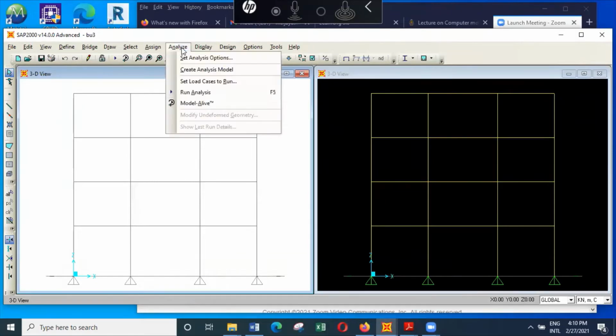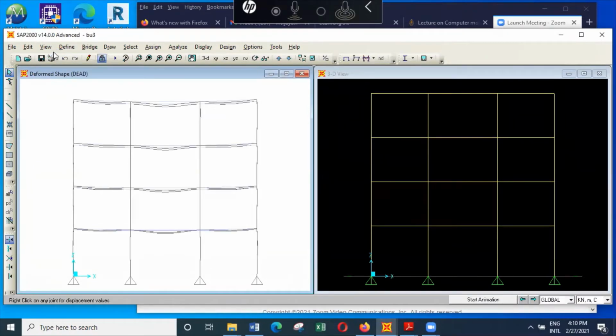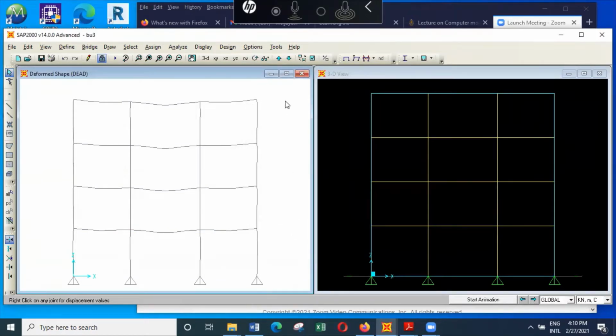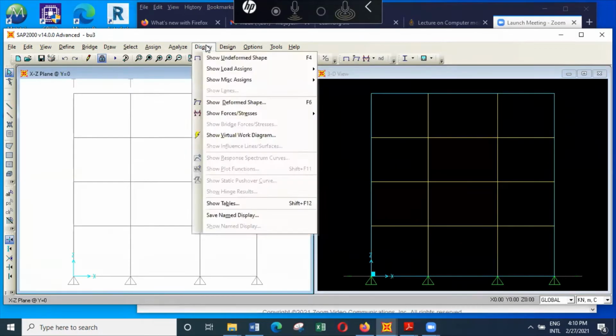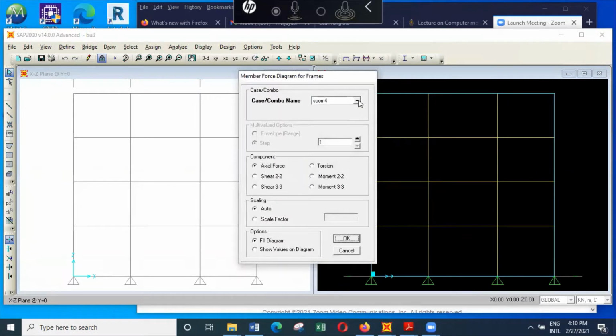analyze it. And if I view the outer frame at y equal to 0 and ask it to show the forces, service combination 4, axial force.